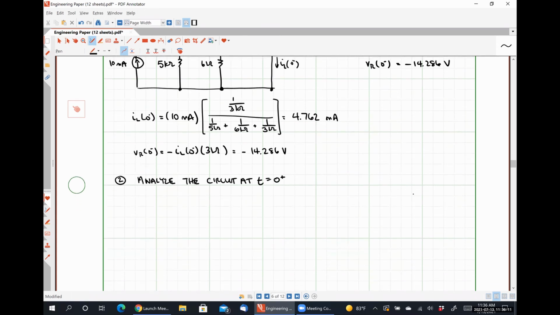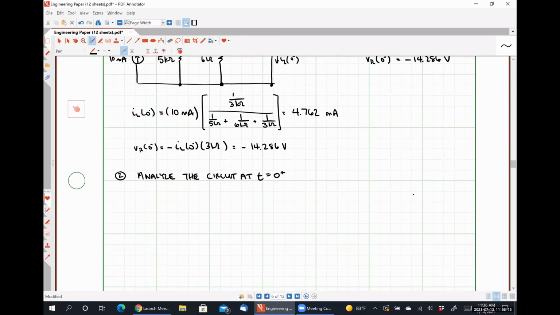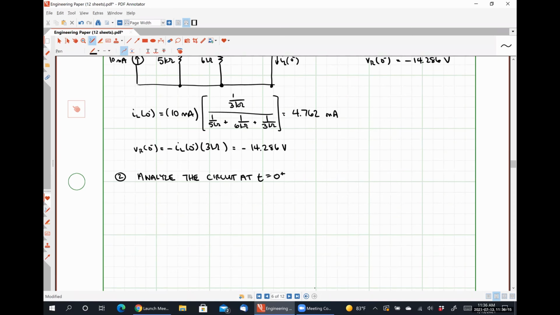So at t is equal to 0 plus, our switch is an open circuit. And so what that gives us is our 10 milliamp source in parallel with our 5 kilo ohm resistor. And we have a big open circuit here.